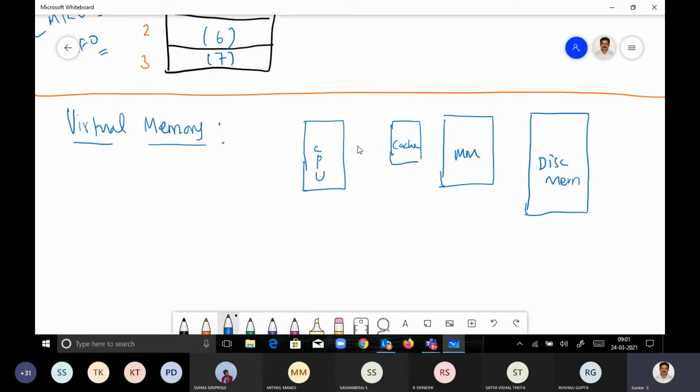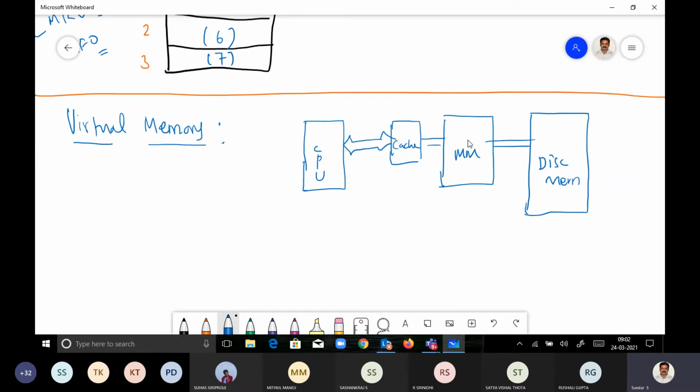Now there is a connection between all the memories and the CPU. When the CPU looks for something, first it checks whether it is there in the cache. If it is there, it's called a cache hit. Otherwise, a cache miss, and then it has to go to main memory.